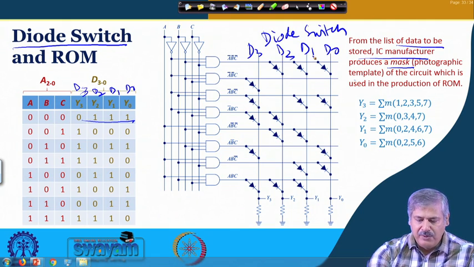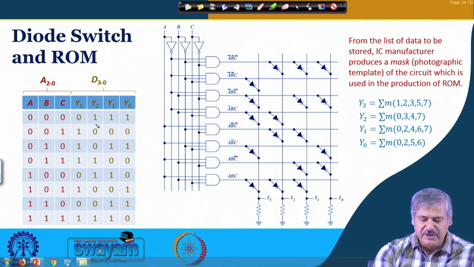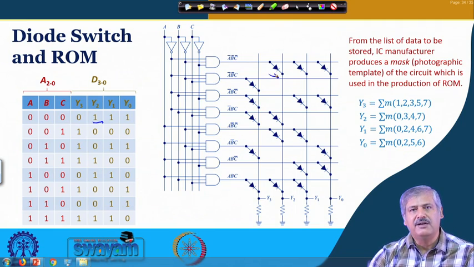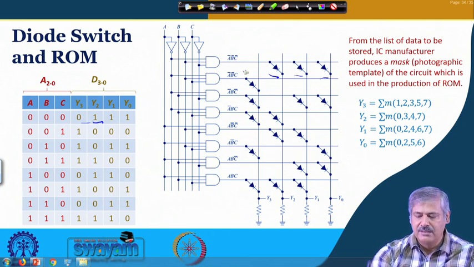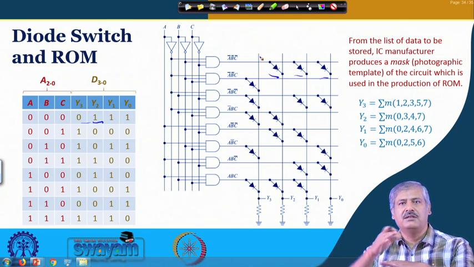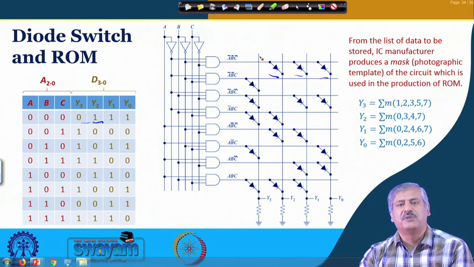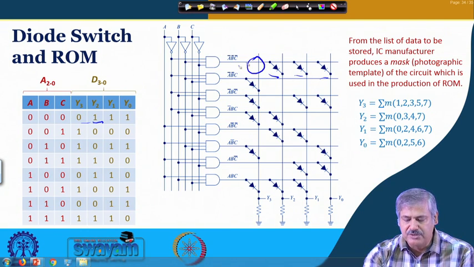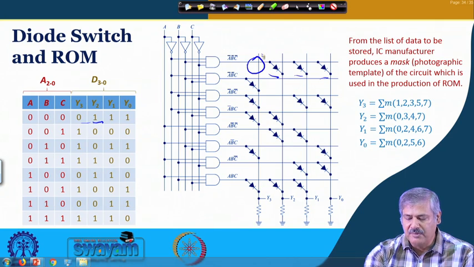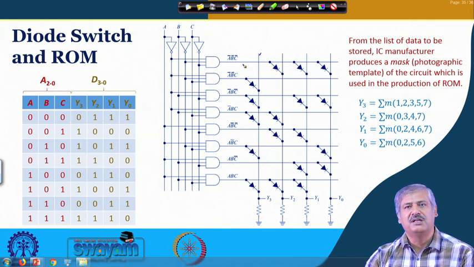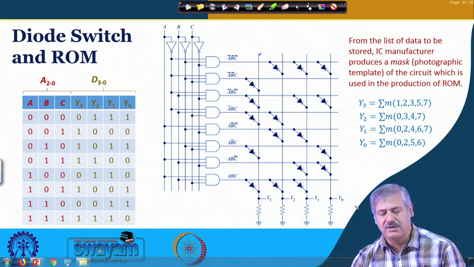And wherever 1 is present, you connect a diode, and wherever 0 is there, at that cross point no diode is connected. That means here is one wire, another wire is just going over it, there is no connection between them. So this column, this vertical line, is not getting any input from the A prime, B prime, C prime line. So they are not connected with each other. Here it is connected, Y2, Y1, Y0 are connected.